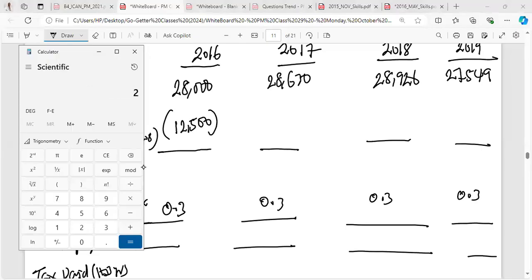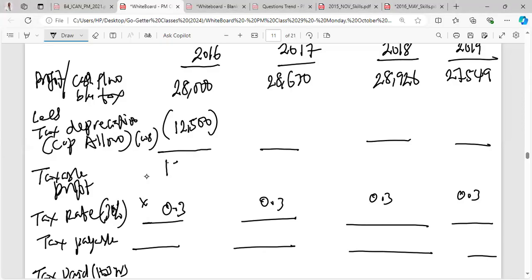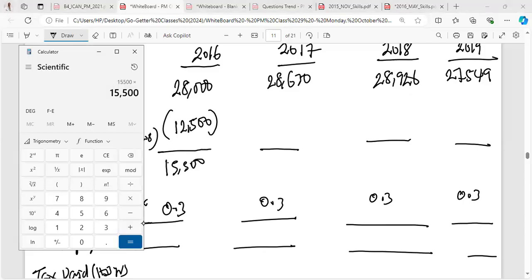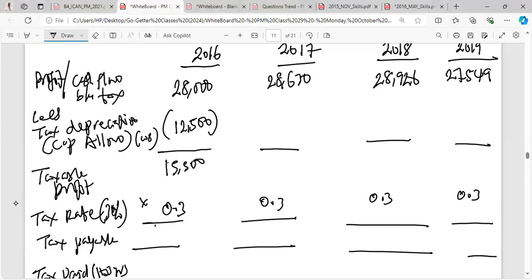28,000 minus 12,500, and we are getting 15,500 here. The tax rate for it is going to be 0.3, which is 4,650.